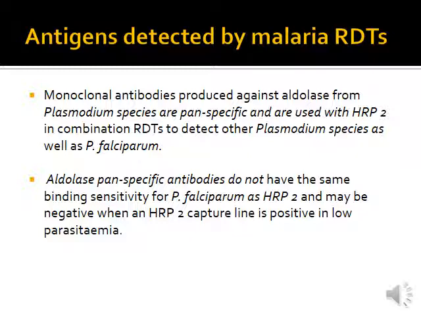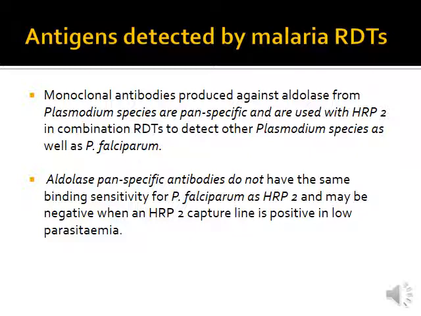So in this combined test, HRP2 is going to detect the antigen which is produced by the Plasmodium falciparum species, while antibodies directed against the enzyme aldolase will detect this enzyme which is produced by all the four species.